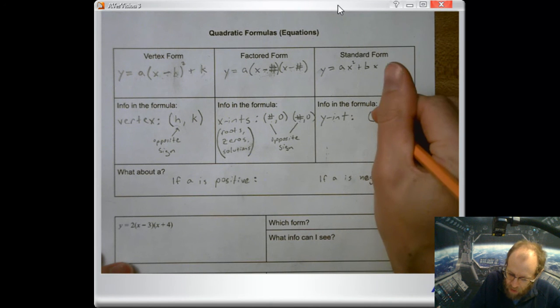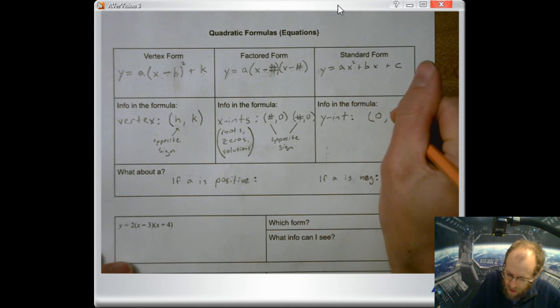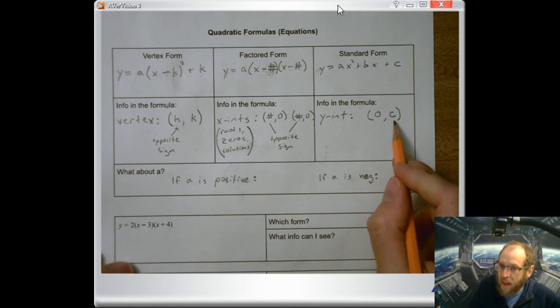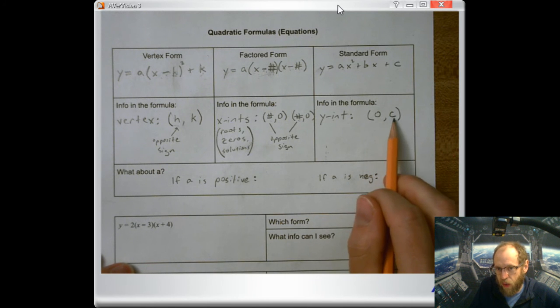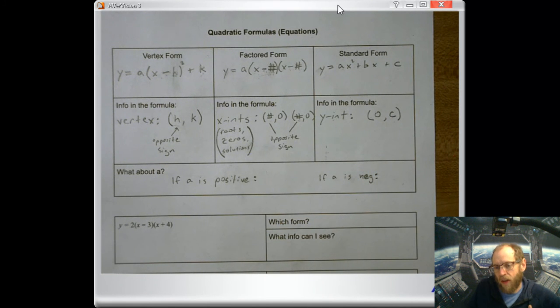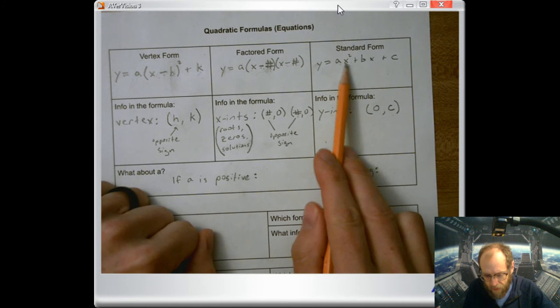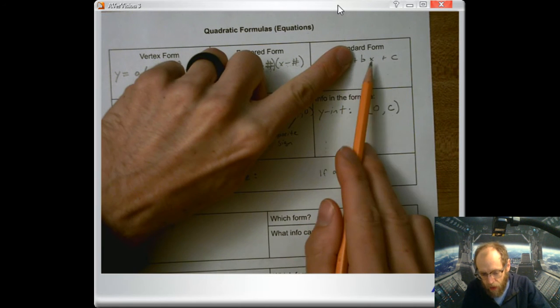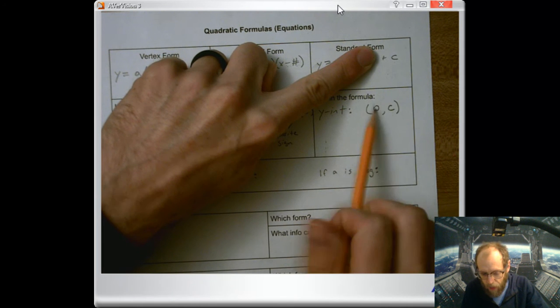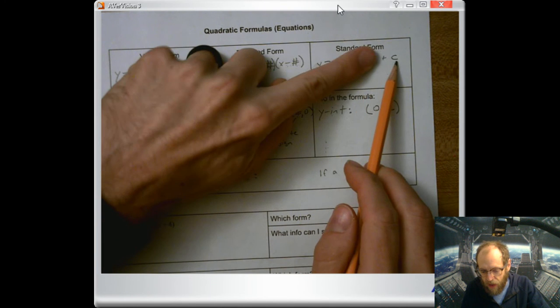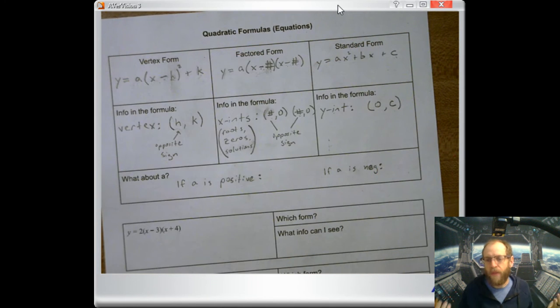So the y-intercept is always going to be at 0 and then whatever number c is. And because there's a plus in front of it, we don't need to change the sign. It's just a regular c. So that is the location of the y-intercept. You'll notice if you plug in 0 for x, this goes away, that becomes 0, that becomes 0, and all you're left with is c. So if I plug in 0 for x, my y value is just going to be c.